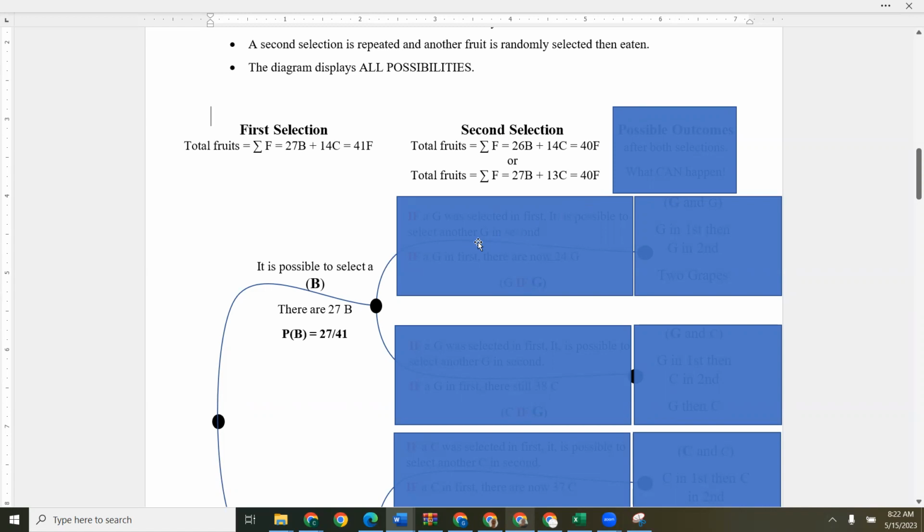Given that she selects a berry in the first, then there will be 26 berries left when she goes to select again. I repeat, what if it was a berry that she selected in the first selection? Then when it comes now to the second selection, there will only be 26 berries.